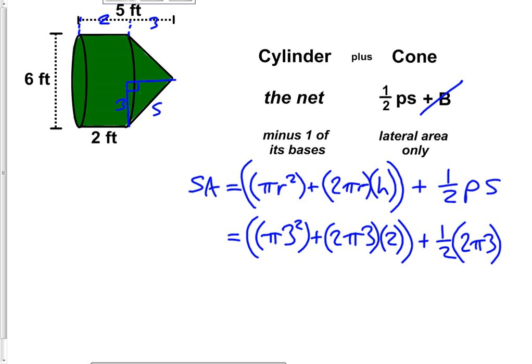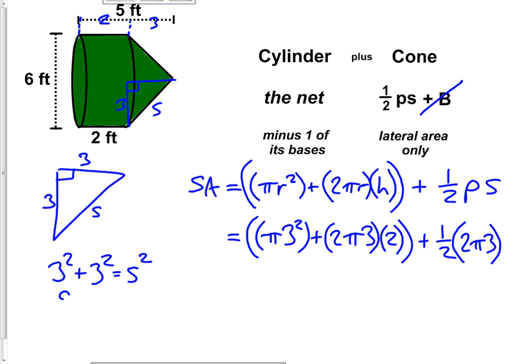That means 3 feet are left over for the height of the cone. Okay, so we have 3 units on the radius, we have 3 units on the height. We need to know the slant height. Okay, well, this one's not going to turn out quite as nice as the previous example did, but still not too tough.